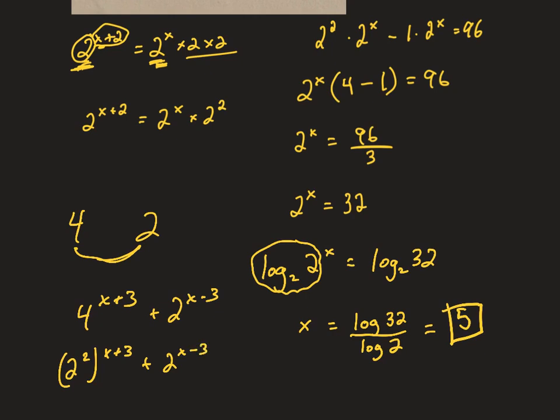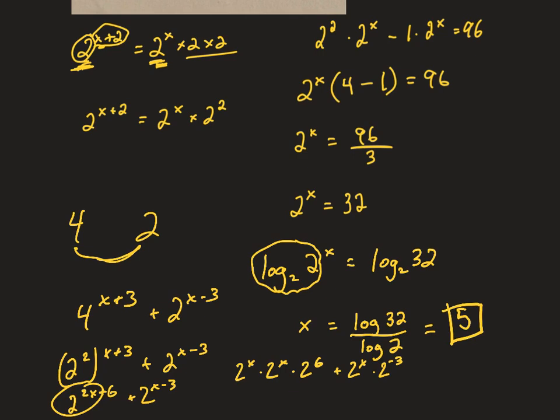And then this is going to be 2 to the 2x plus 6 plus 2 to the x minus 3. And you just keep working that way. So this is going to be 2 to the x times 2 to the x times 2 to the 6 plus 2 to the x times 2 to the negative 3.